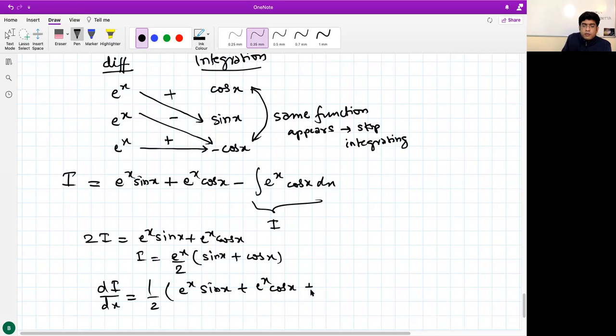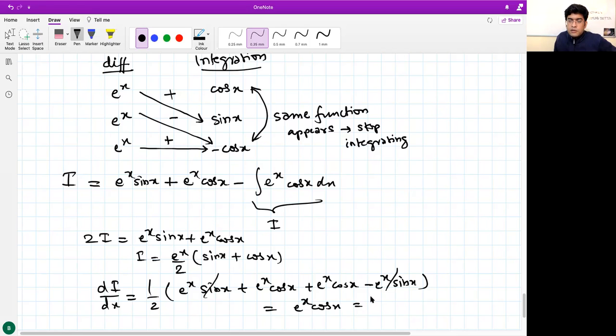The next term is plus e^x cos x, and then we have minus e^x sin x. So if you cancel this out, this is e^x cos x. So voila, we have this result. The method was right. I still remember a few things from long time back.